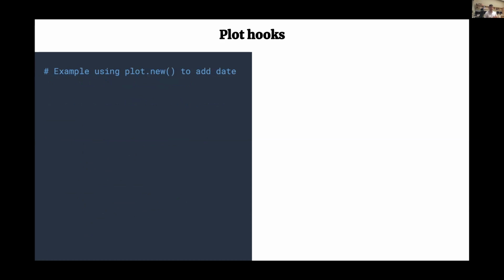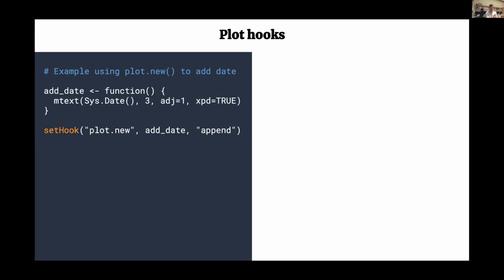So we will just create a simple example to demonstrate how this works in practice. Let's say we have a simple function, add date. This is a base R function, so it's base R plotting. What it does is add the current date on top of the plot you are creating. This mtext is marginal text, and it puts the system date in the margin on the top of the plot. Yeah, simple function.